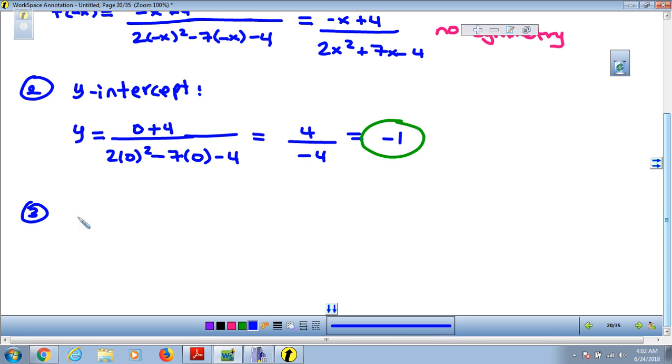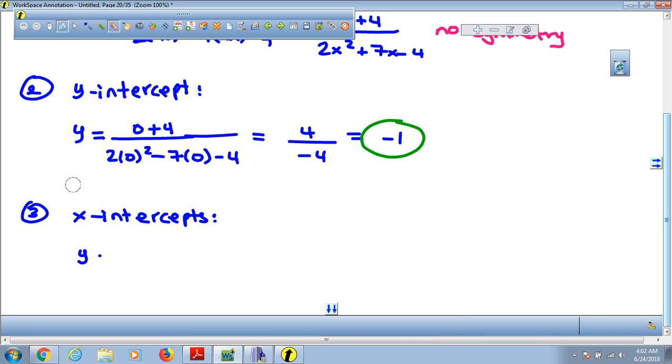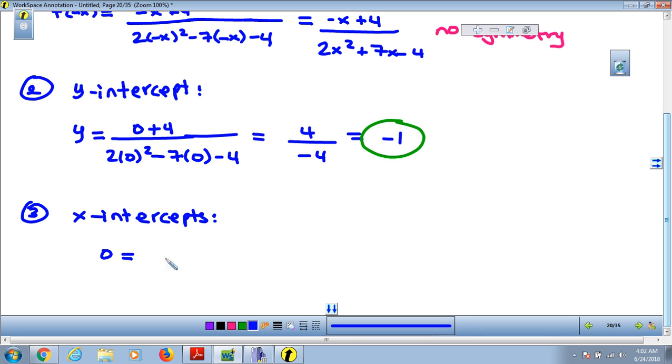3 was find the x-intercept. And so to find the x-intercept, I was supposed to put a 0 on the y and solve for x. X plus 4 over 2x squared minus 7x minus 4.